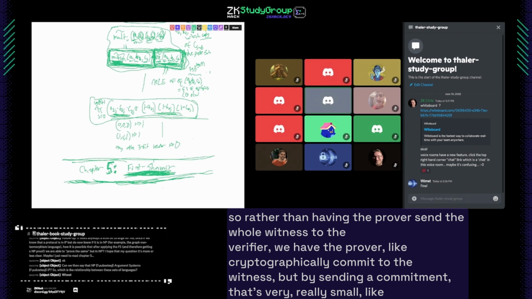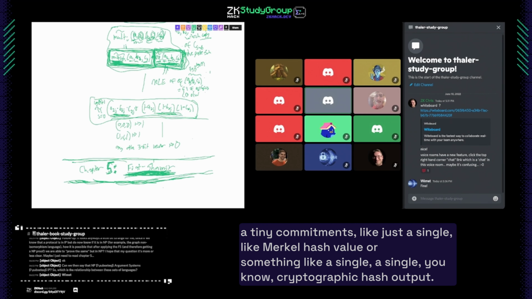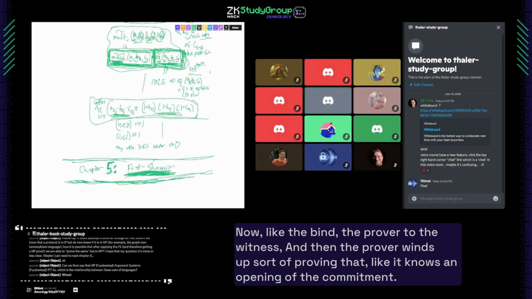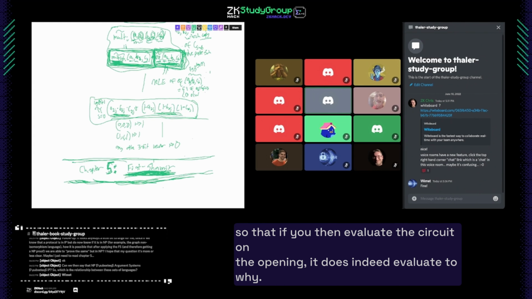Rather than having the prover send the whole witness to the verifier, we have the prover cryptographically commit to the witness, by sending a commitment that's really small, like a single Merkle hash value or a single cryptographic hash output, to bind the prover to the witness. And then the prover proves that it knows an opening of the commitment, so that if you evaluate the circuit on the opening, it does indeed evaluate to Y.